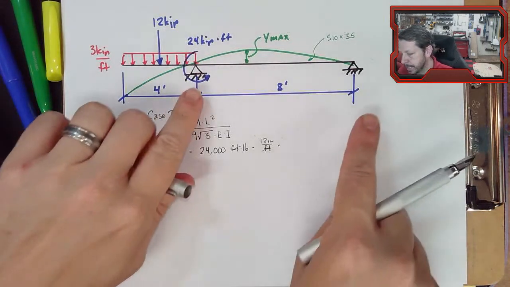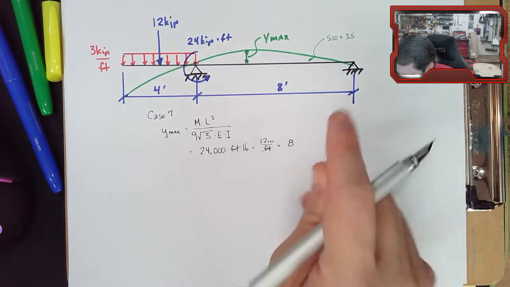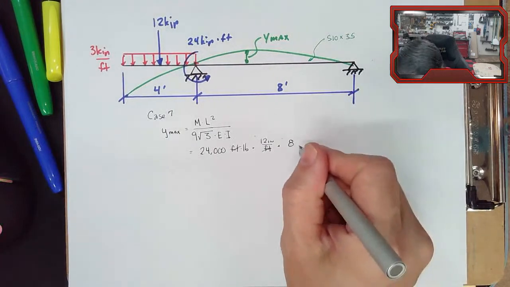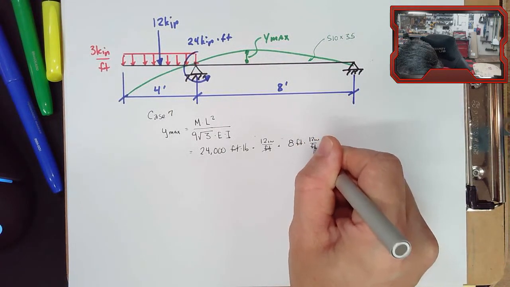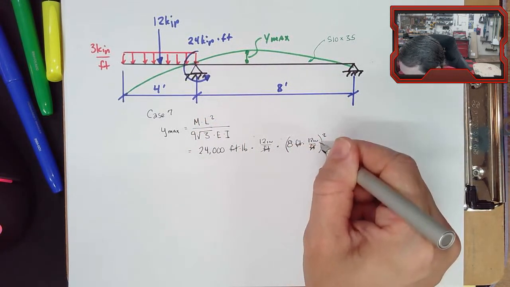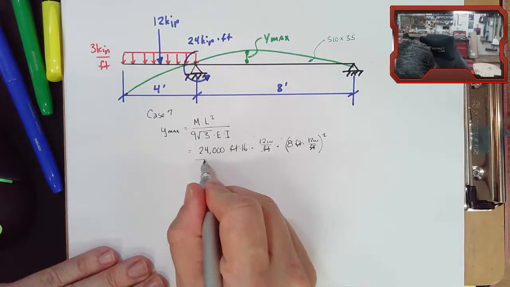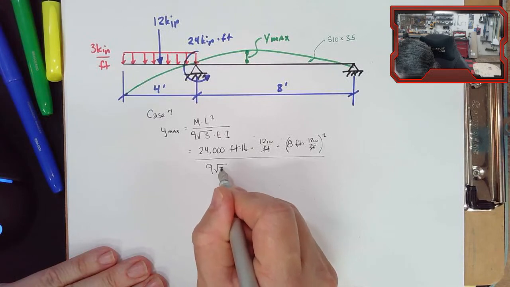Now I just drew 2 pins, but it's this 8 feet, not the entire length of the beam. And it's squared, so I'm going to square it with its conversion factor. Then 9 square root of 3.